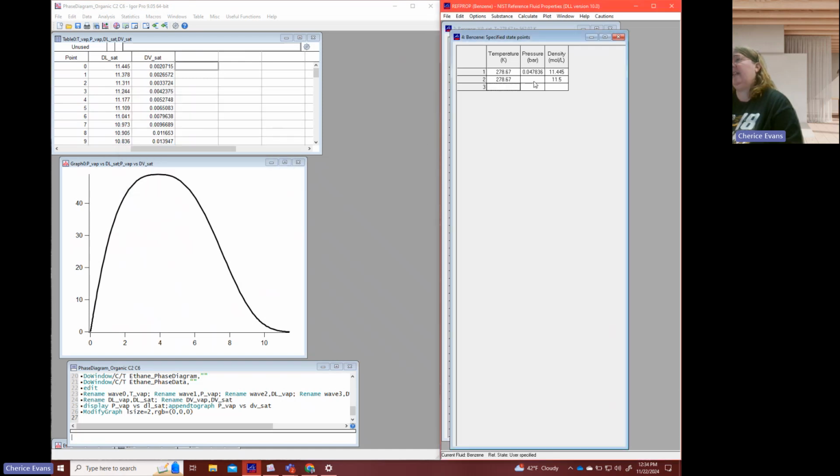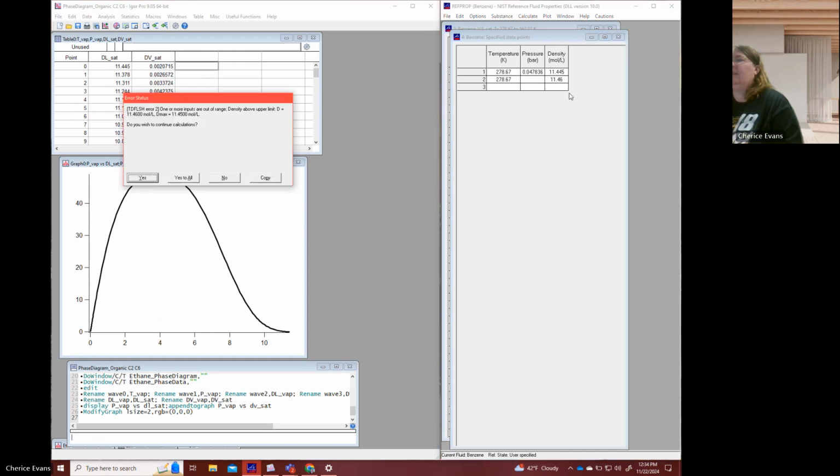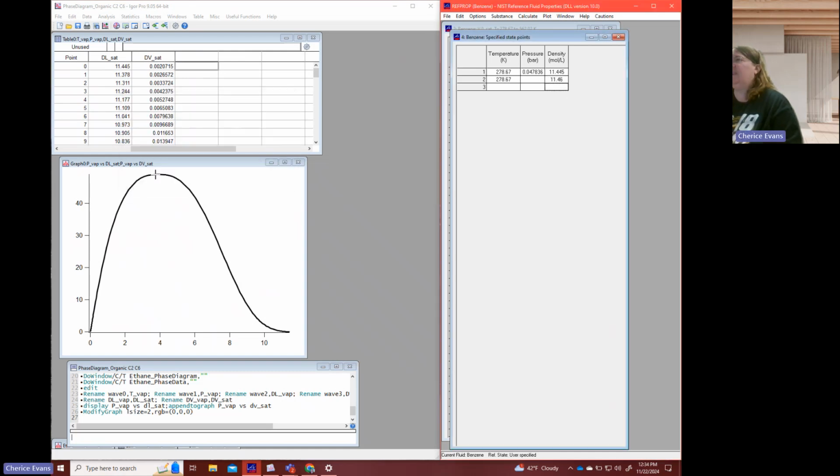If I hit yes, it doesn't calculate. So that means it's not going to go past that. I hit yes to 11 point, it's not going to go past that either. So 11.45. And that means the maximum pressure I can get in terms of my phase diagram is that. So that's about 5.5.